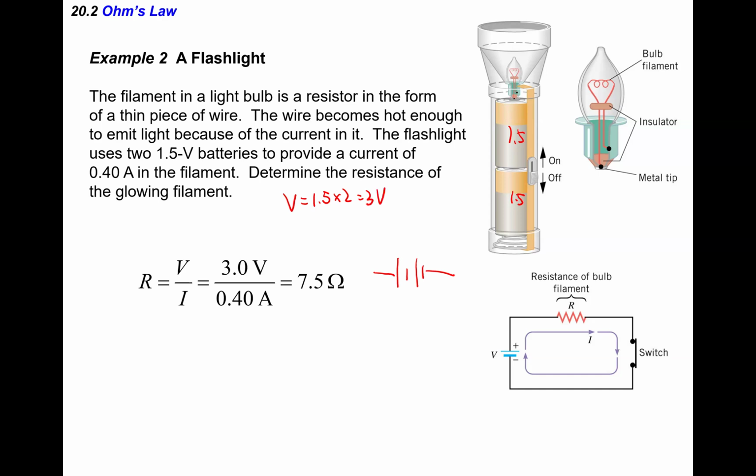And then we have 0.4 amp going into the circuit, so R will be equal to 3 over 0.4, which is 7.5 ohm, okay? So this is the resistance. The total here is 3 volts, okay? And the current is 0.4. Using Ohm's law, you can get the answer. So it's a very simple problem, an application of Ohm's law.